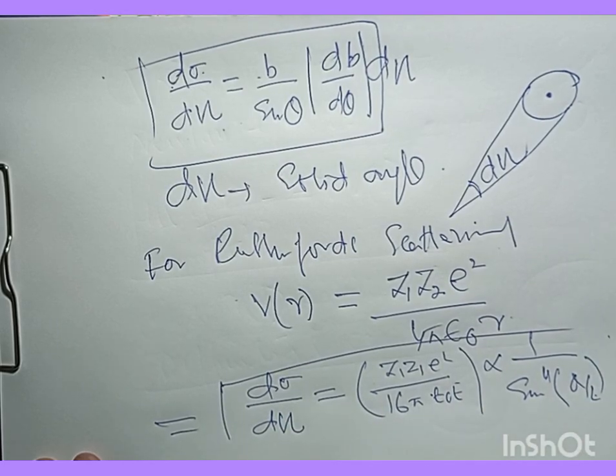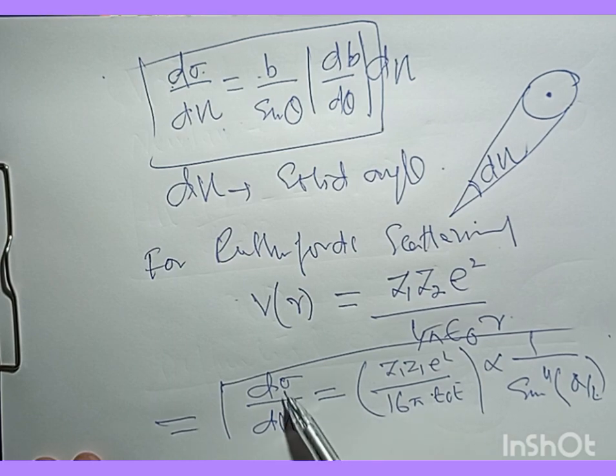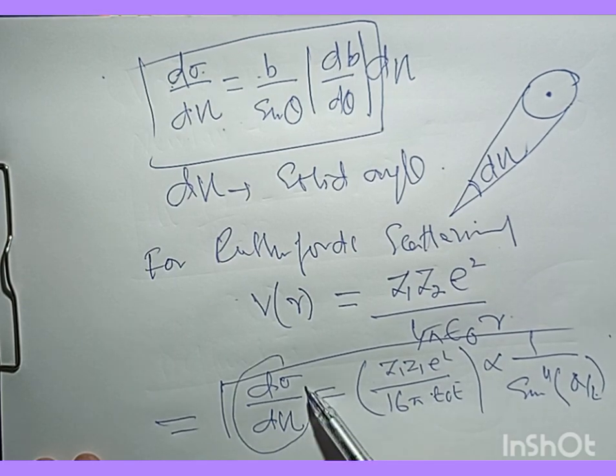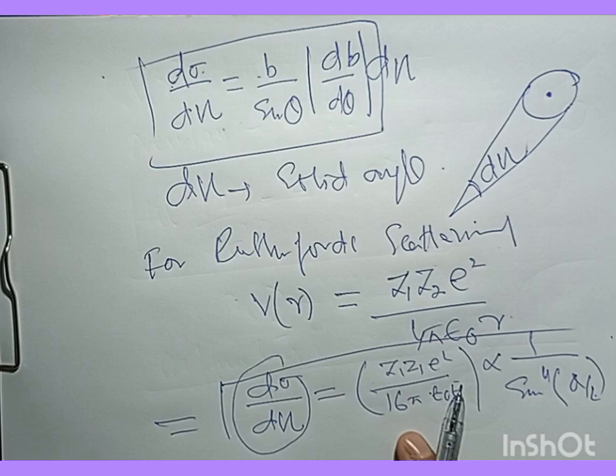Now this is our classical scattering formula. This is the famous Rutherford's scattering formula, and d sigma by d omega is giving us the differential cross section.